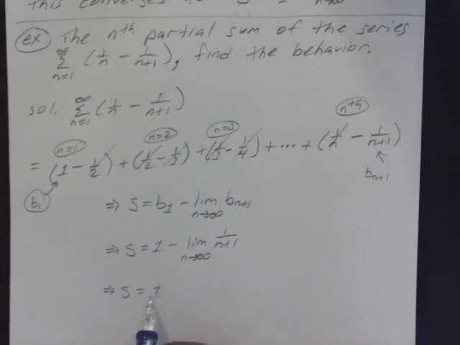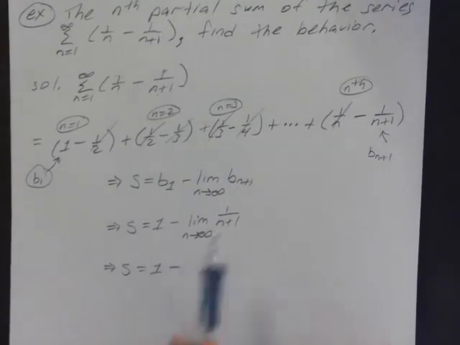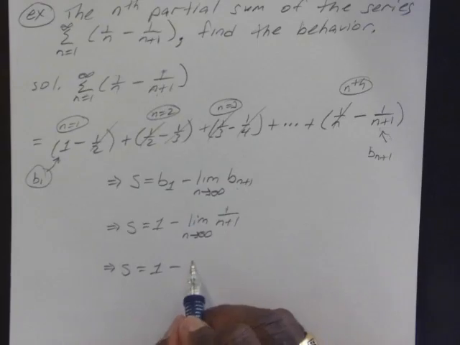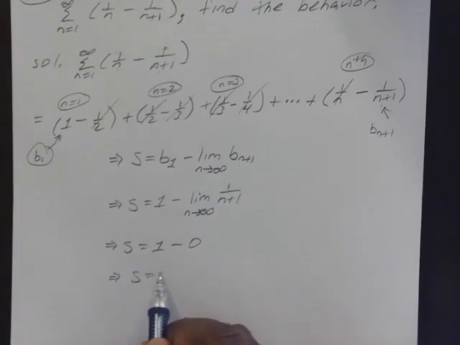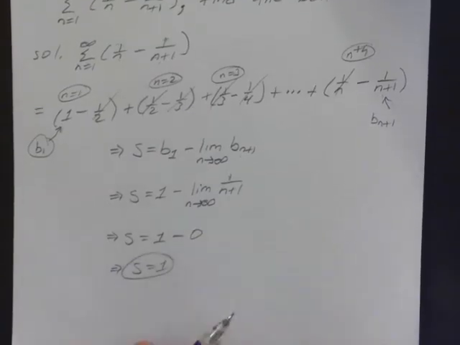Okay, so we know this is going to equal 1 minus, again, the limit of a constant divided by a number that's getting infinitely bigger is just 0. So we know S is equal to 1. So we know that this series converges to 1.